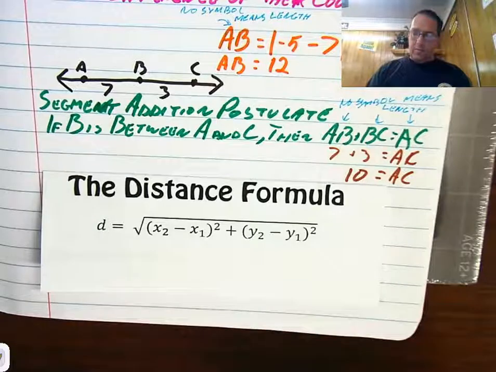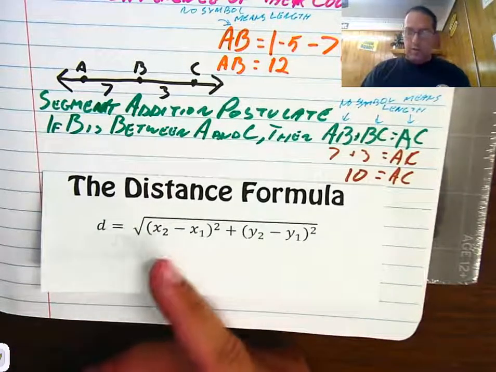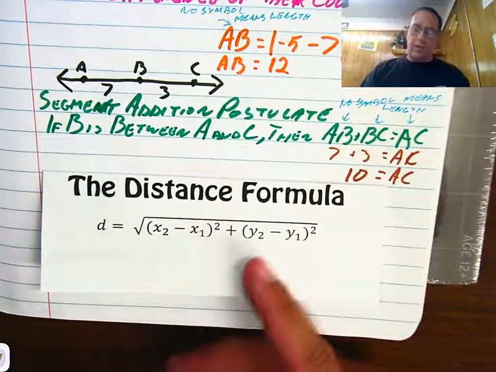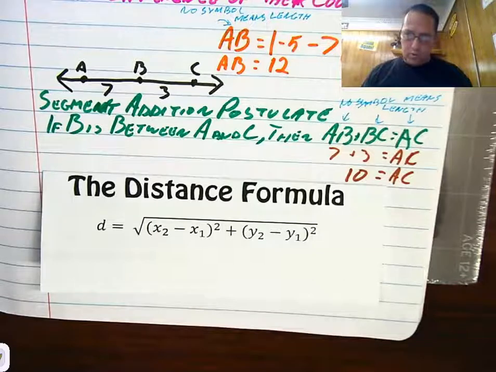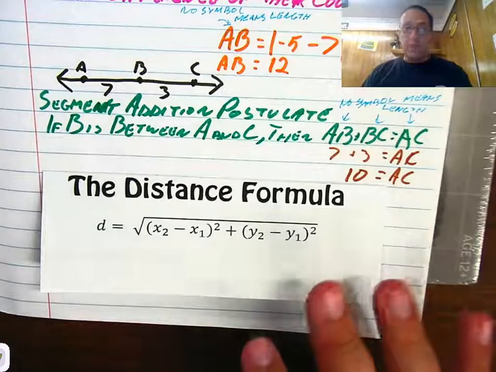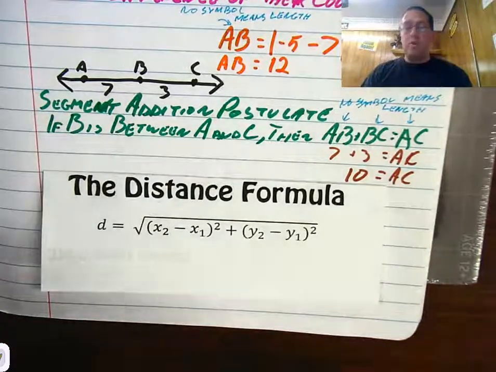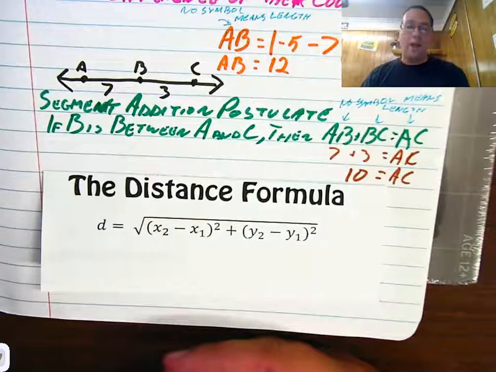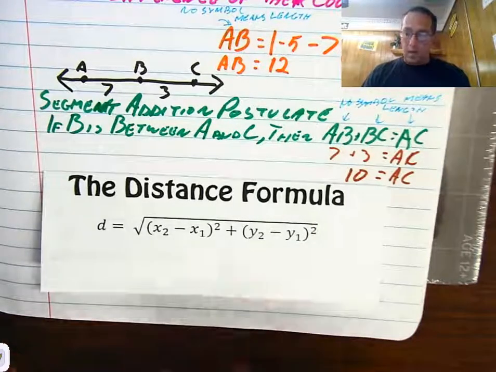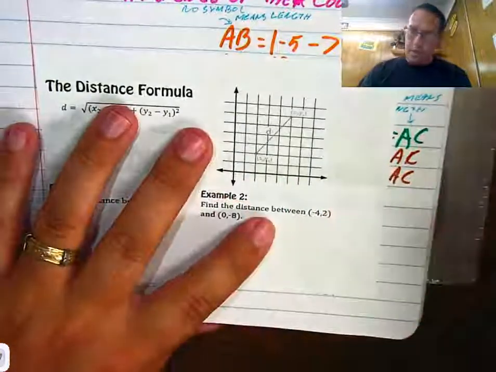And so this brings us to the distance formula. And the distance formula, as you see, is fairly ugly. We have x2 minus x1 squared plus y2 minus y1 squared, and then we take the square root of the entire thing, right? What this is for, this is if I'm not on one number line, if I'm on 2 number lines, if I'm on a coordinate grid where I don't have just the x-axis, but I also have a y-axis as well, like this right here, okay?